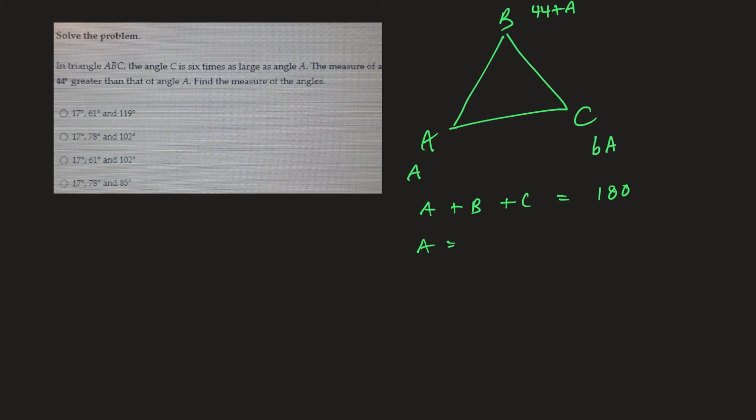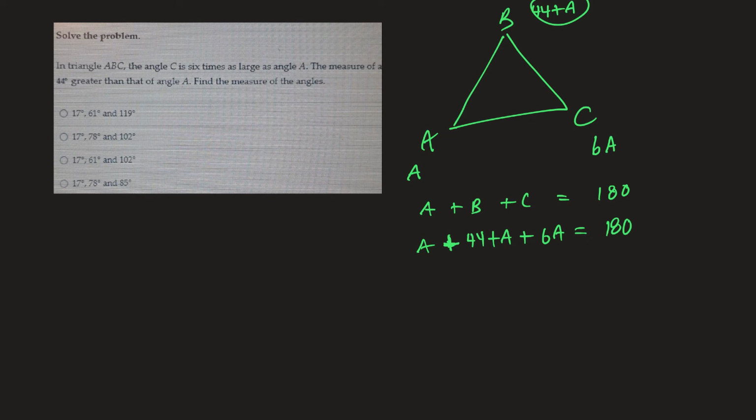So if I substitute what I got, B is 44 plus A, and C is 6A. So that must come out to, oh, there should be a plus. That's got to come out to 180.